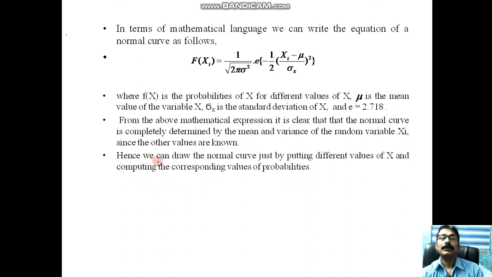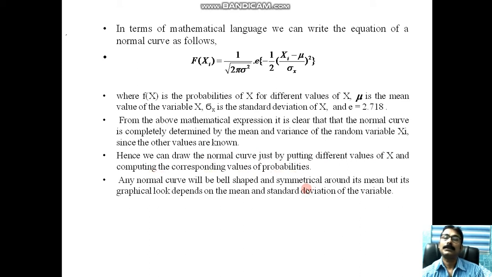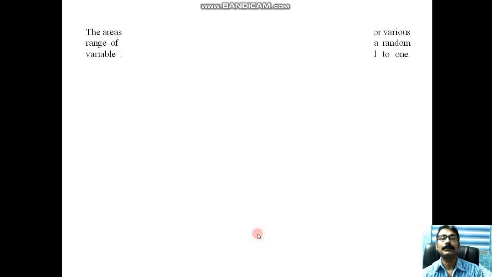Hence we can draw the normal curve just by putting in different values of x and computing the corresponding values of probabilities. Any normal curve will be bell-shaped and symmetrical around its mean, but its graphical look depends on the mean and standard deviation of the variable.